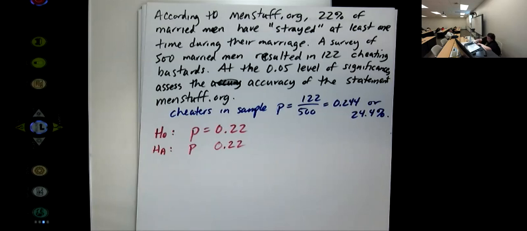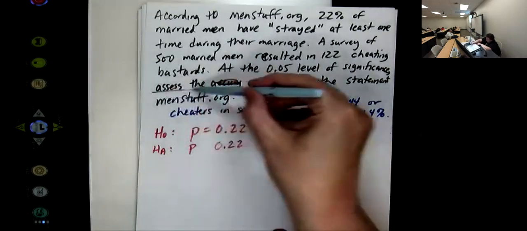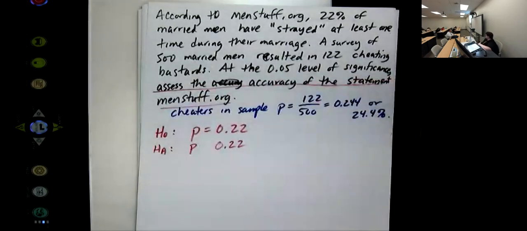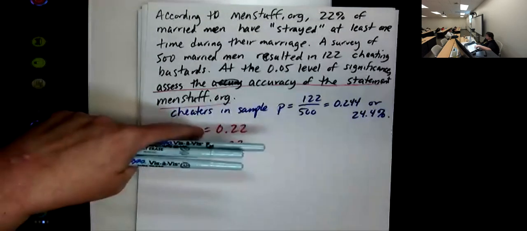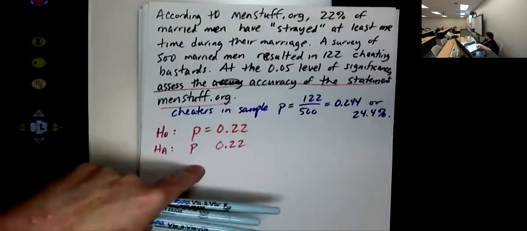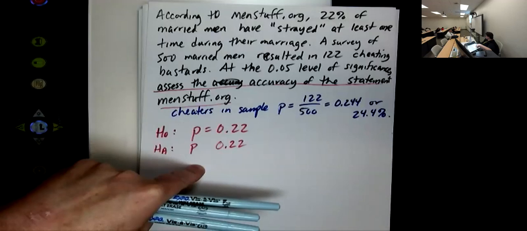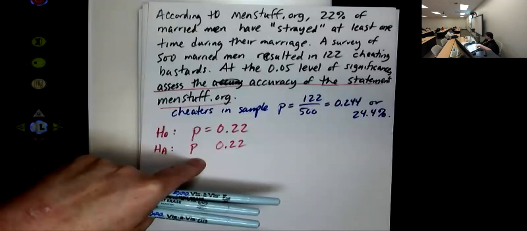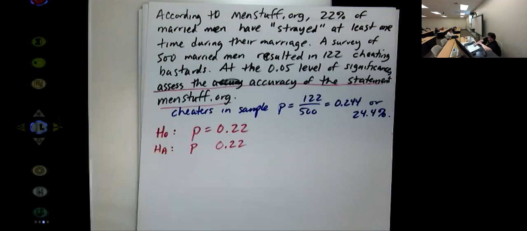What they said was assess the accuracy. That's the part right here. We want to do the other part. So if they're inaccurate, what symbol could I use here? It's the not equals.